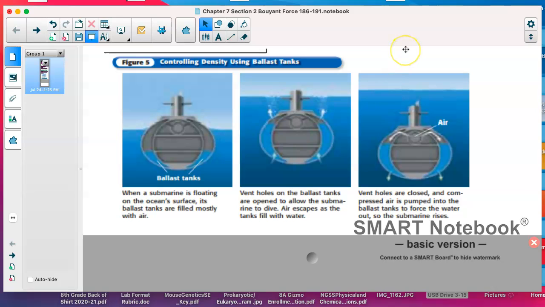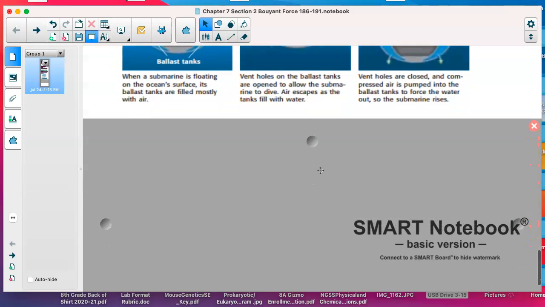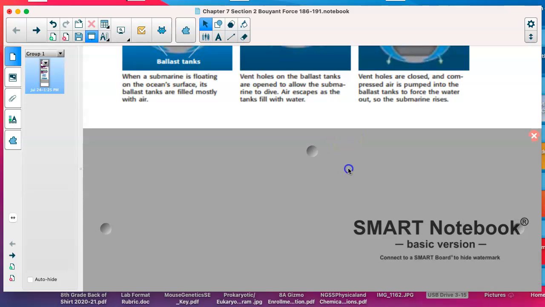So if it's floating on the surface, they're filled mostly with air. If it's going to climb down to deeper depths, they're going to fill the ballast tanks with heavier water so that it can do that. So it's really patterned after the swim bladder in a fish, which we're also going to talk about.